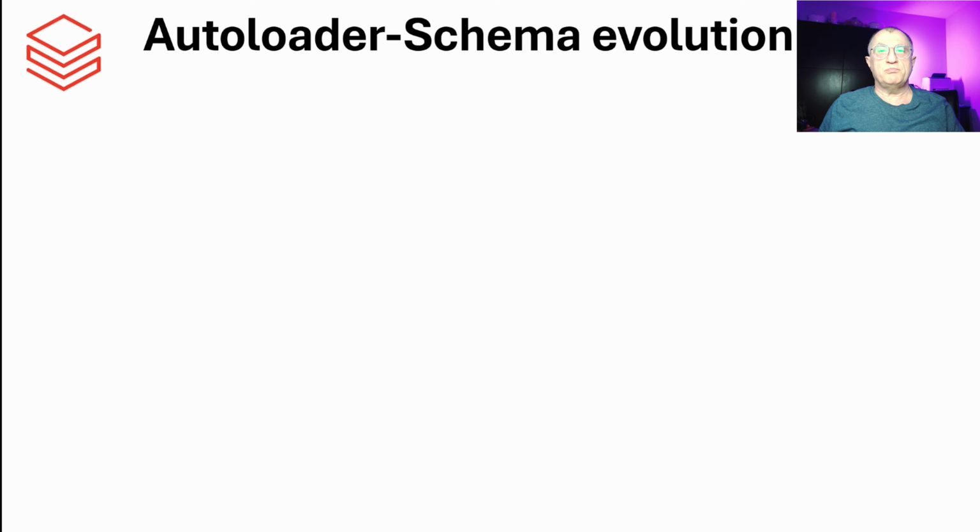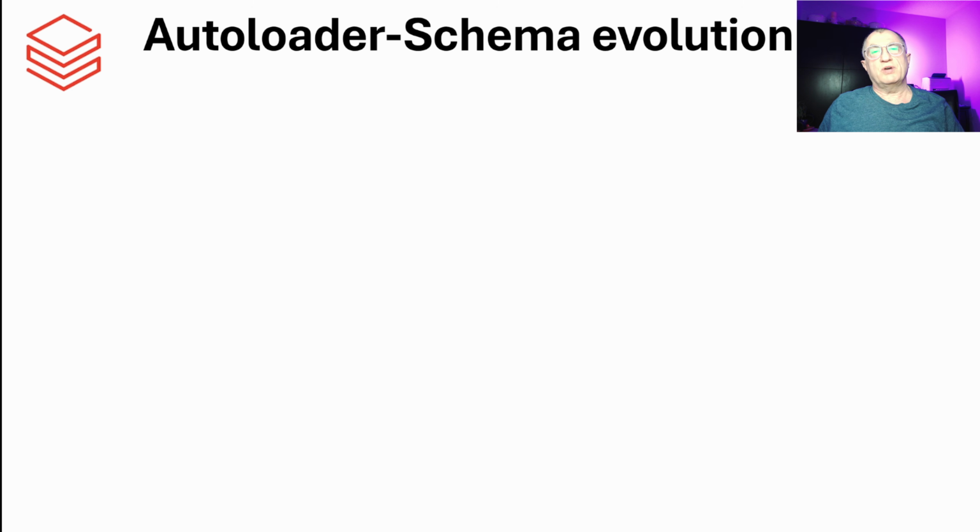You may build your system assuming a certain schema for your input files. However, you may discover that a few months later you get different schema. Some of the files may have more columns or fewer columns, or sometimes column names are different. A well-designed engineering pipeline should be able to adapt to these scenarios.